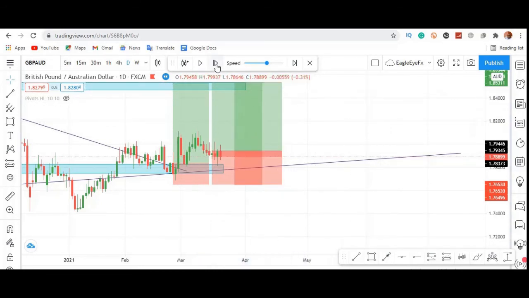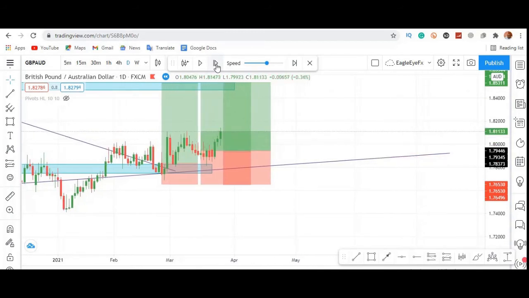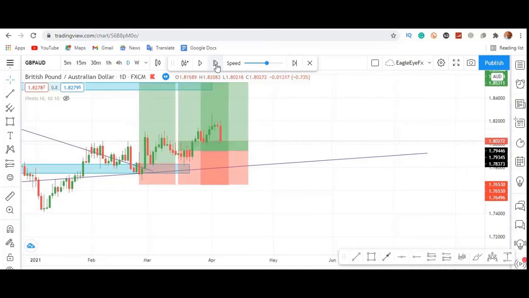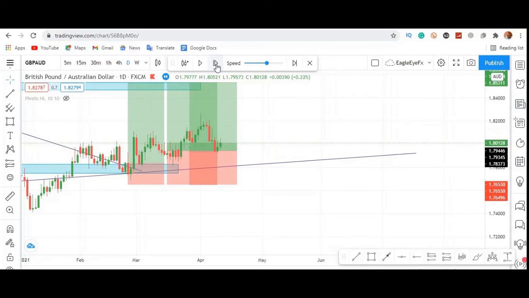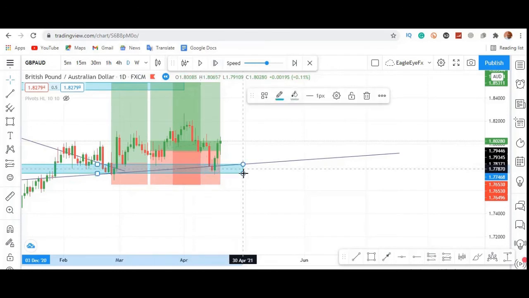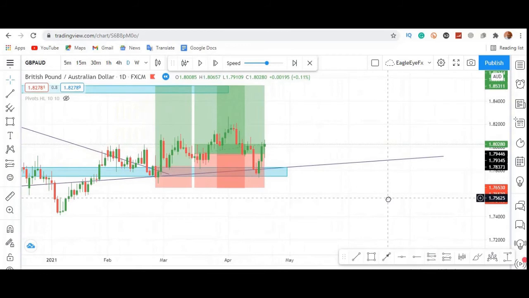Let's see how it plays out. Up, up, up, right, then you see it comes back again, the third time. Still we've not been stopped out, so we are still safe.